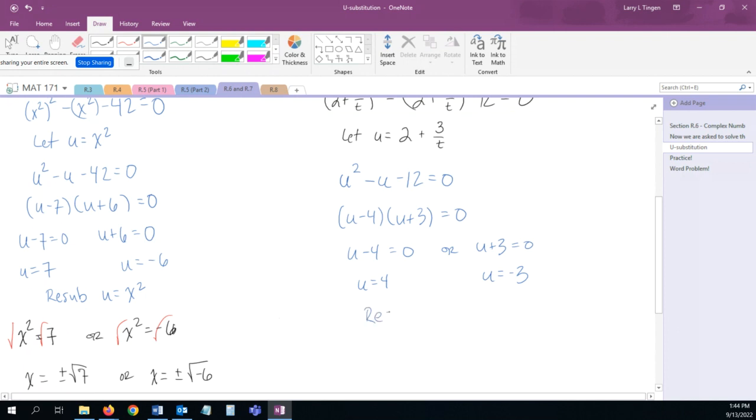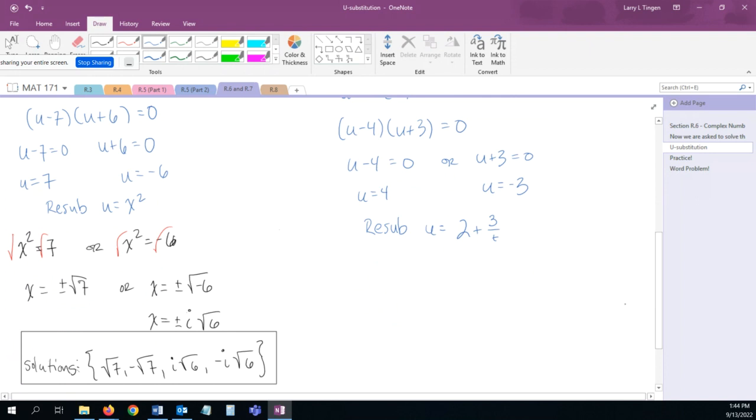And then we have to do what we did before. This question was not originally asked about u's, it was asked about t's. So I need to resubstitute u is equal to 2 plus 3 over t. This is going to involve a little bit more work than the previous to get a final solution, but that's okay.